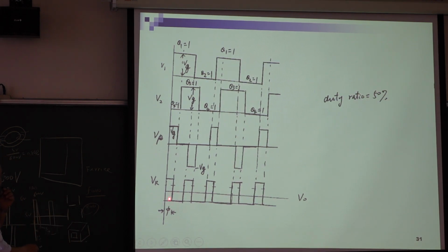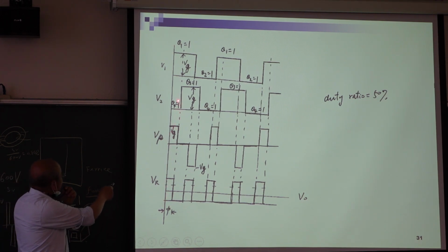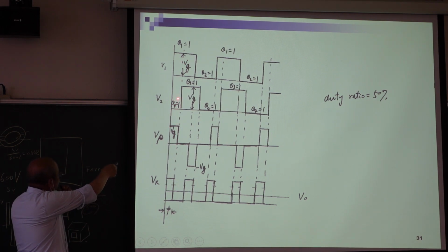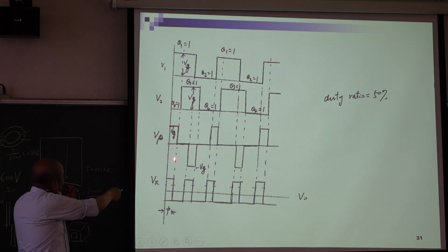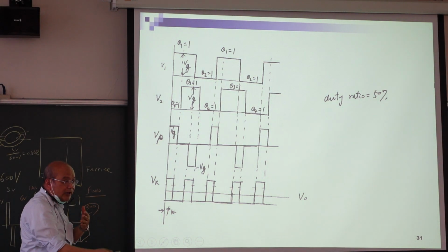So your output voltage is related to what? Anybody has any idea? It is proportional to what? So from here to here, how can you get the voltage? It is the time, the phase angle between V1 and V2, right? So the output voltage is related to the phase delay, phase angle, okay?